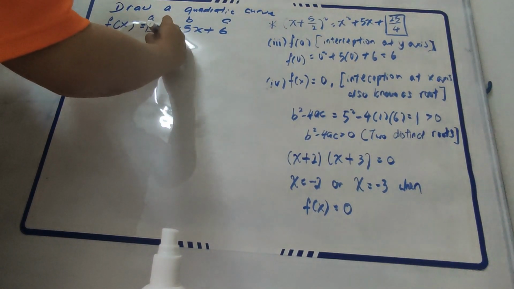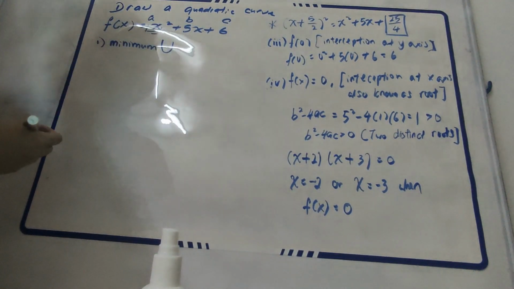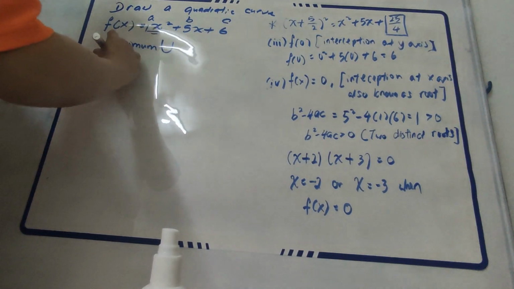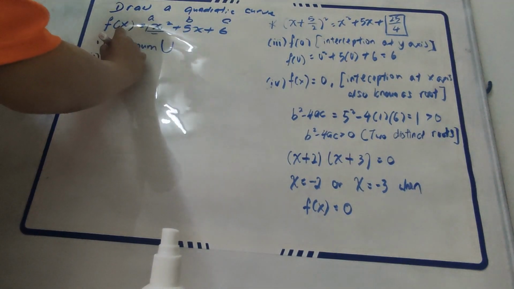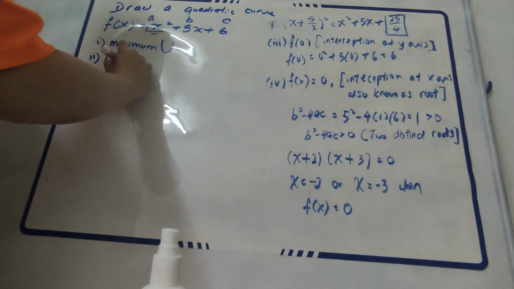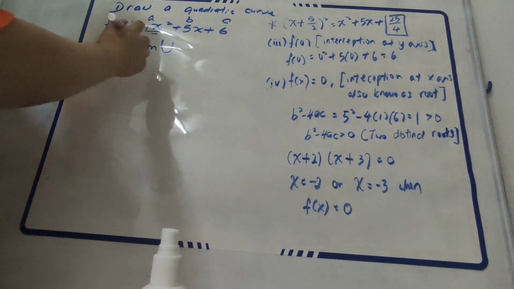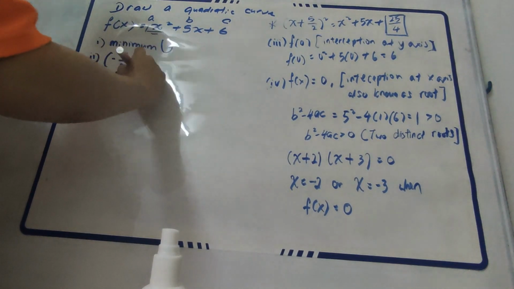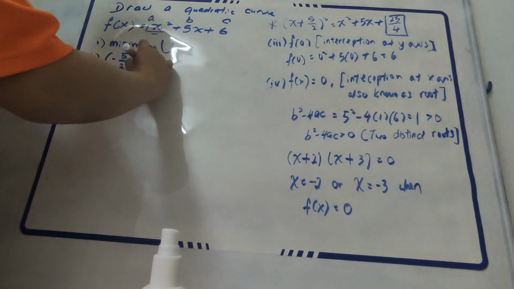So of course it's a smile face, the pattern of the graph. Second, your minimum point is at x equals minus 5 over 2, and y at the minimum point; this is the x value, this is the y value.